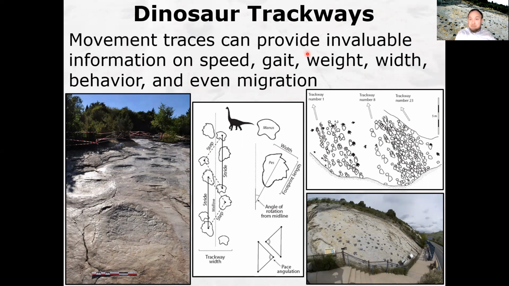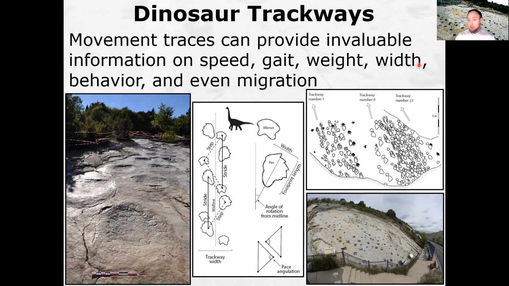The actual body mass is fairly difficult to reliably reconstruct from just the hard parts. So having impressions in the sediment can really give us some information about how the organism was built when it still had all of its soft parts that were usually missing.